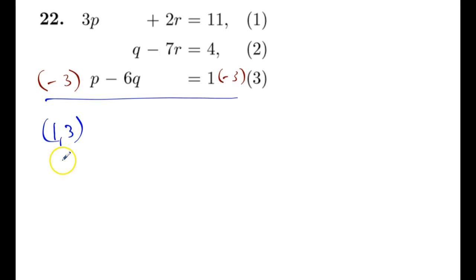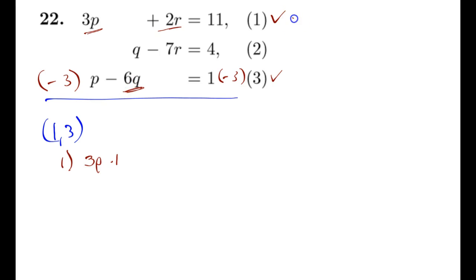So I'm going to keep line 1 the same, which is just 3p. Well, wait a minute. I can't use lines 1 and 3 because I can't eliminate. I'm left with p, r's, and all 3 variables.